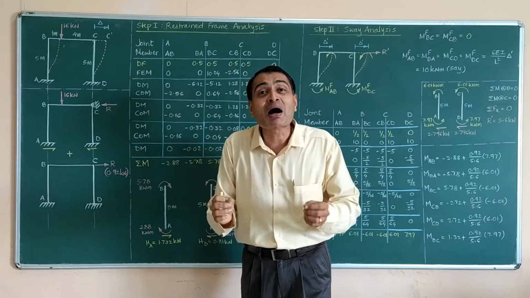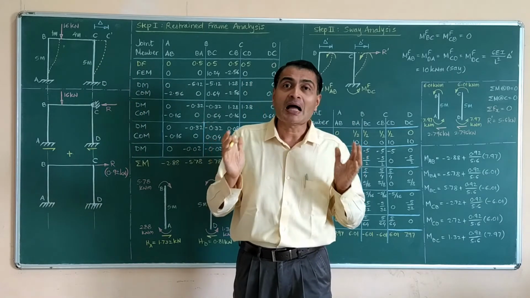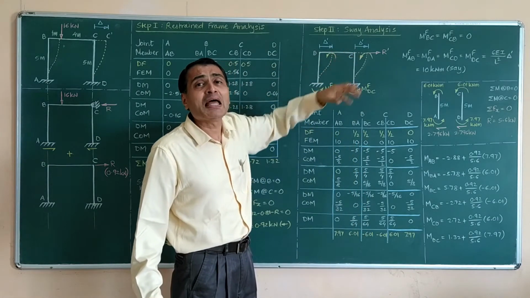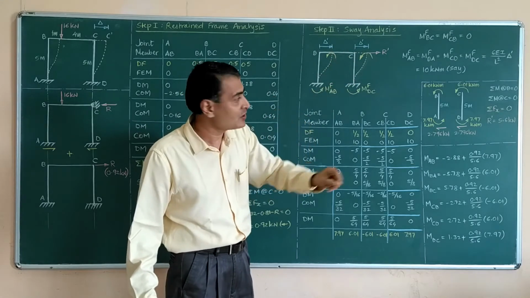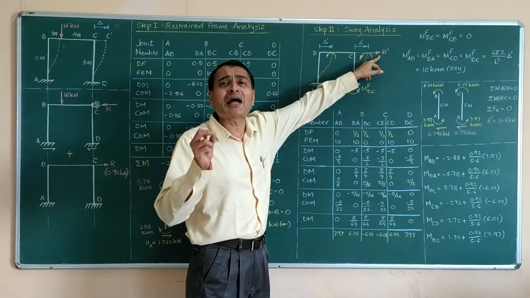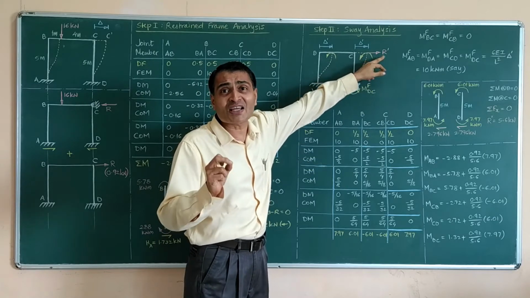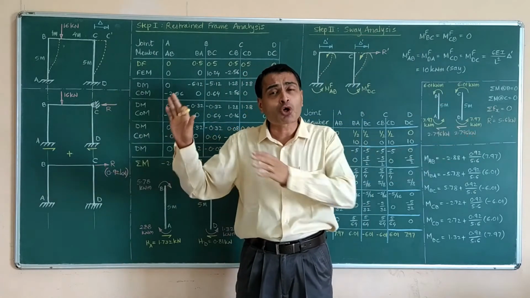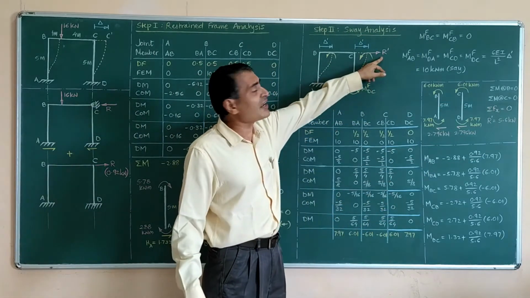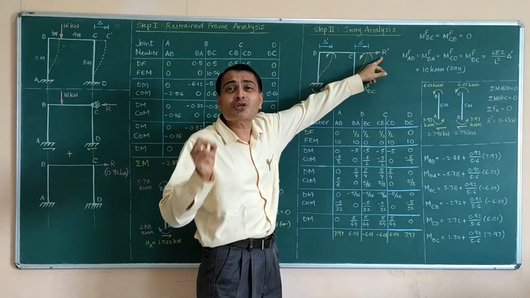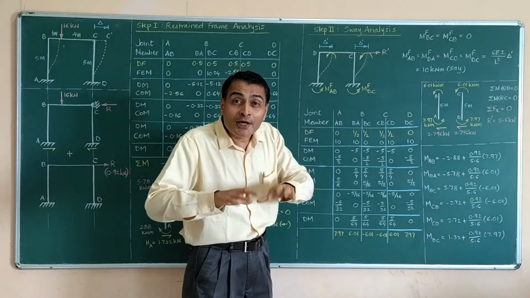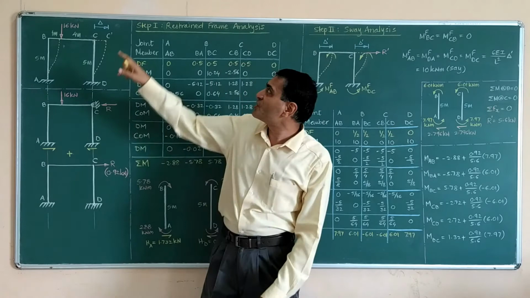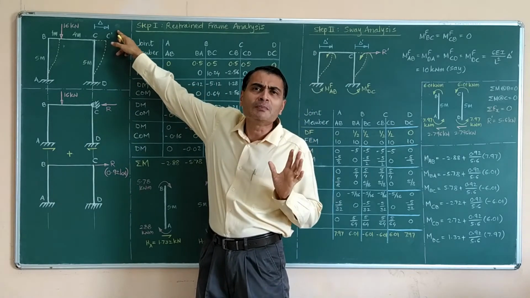So what am I imagining? I am imagining that for the same frame, let there exist some force R prime, some force R dash, which is different from R. Theoretically, for the same frame, let there exist some force R prime which induces a sway of delta prime, which is presumably different from delta.